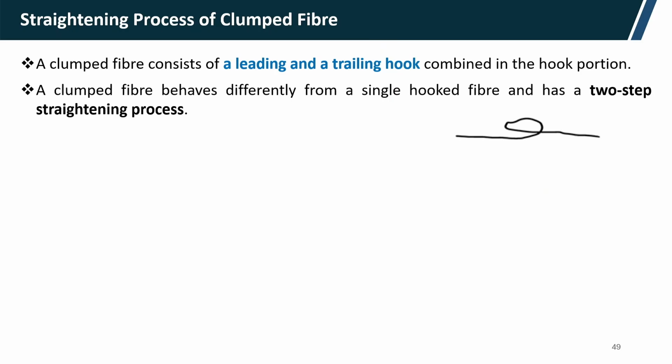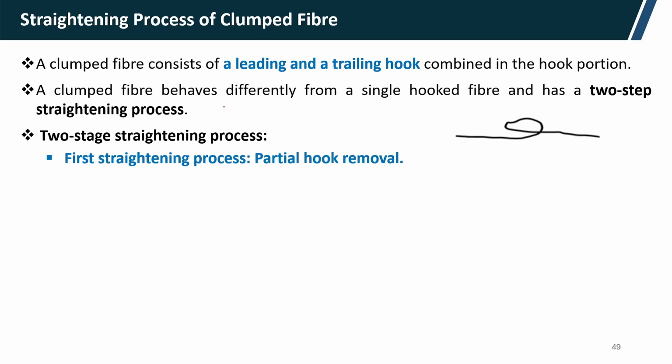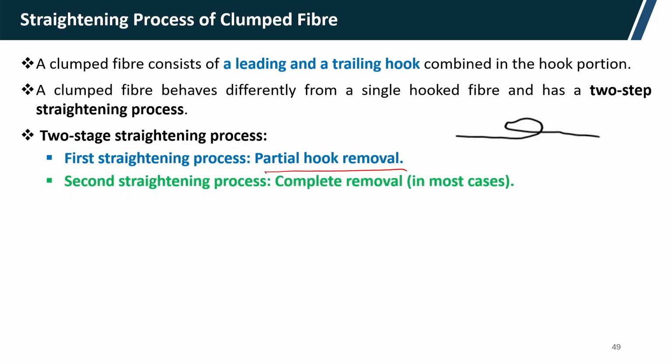But they are connected, it is not that straightforward, it is a mix, it is not a mixture of leading and trailing hook. So a clumped fiber behaves differently from the single hook fibers and has a two step straightening process. The two stages are first the straightening process of partial hook removal, then in the second stage complete hook removal.